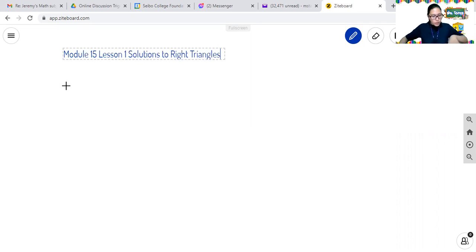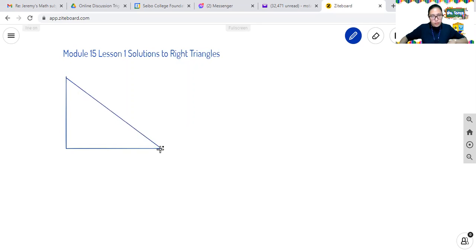So supposing we have this right triangle, and we name this right triangle as right triangle ABC. Remember that the right angle is always angle C, but the acute angles can be named angle A or angle B. So I'll just name this as angle A and this as angle B.